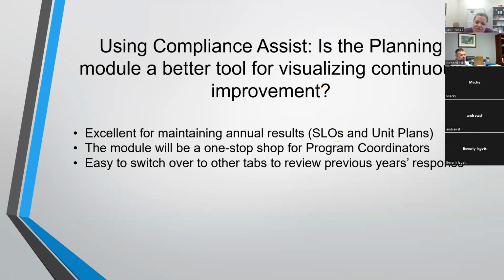But it's going to help you because it's very easy, as you're filling out your program review and thinking about what you've achieved, you're not going to have to leave that screen, log into planning, and look at your unit plan, or your SLOs. If there's anything else that you need to refer to in completing your program review, it is all in one place. It will just be a matter of a few clicks to go and look at the other data and responses that you've entered.